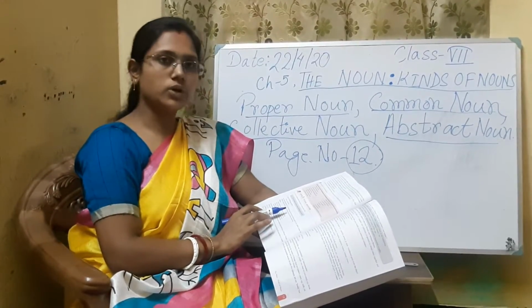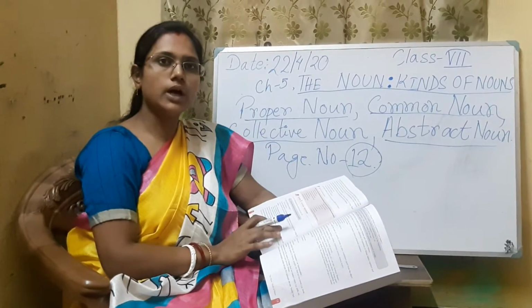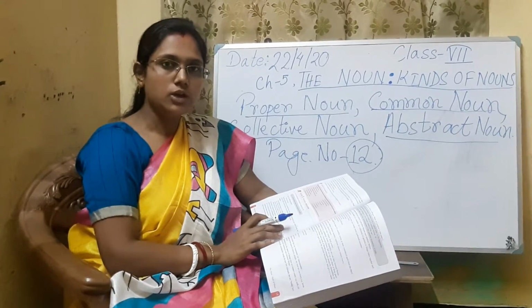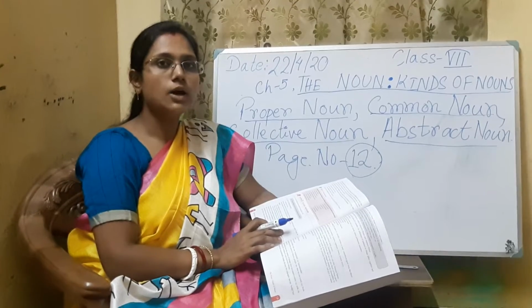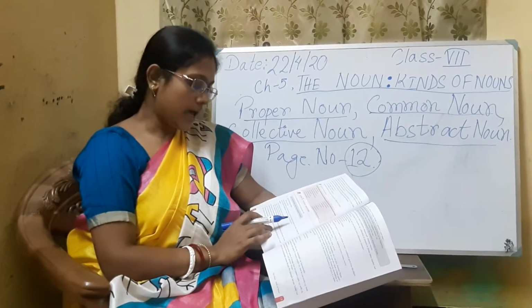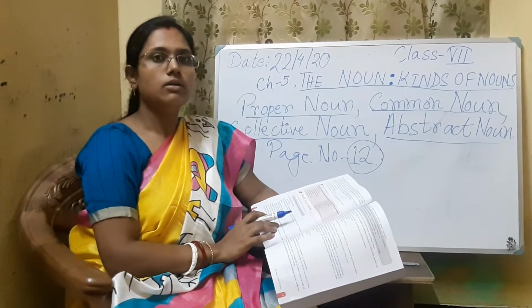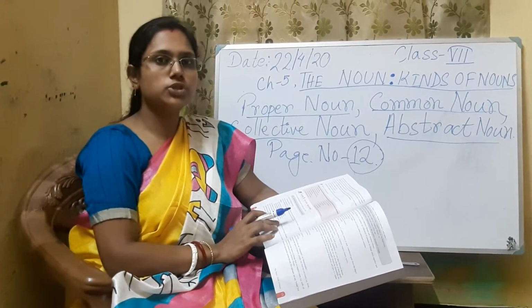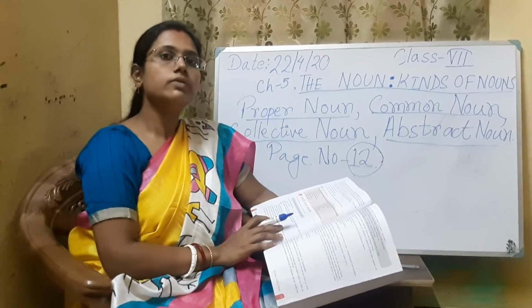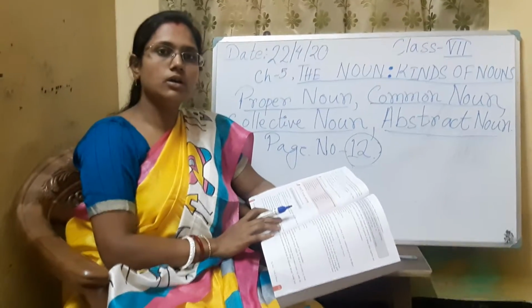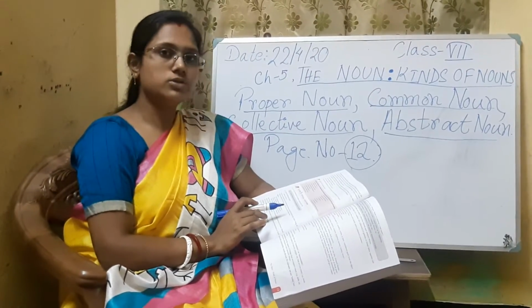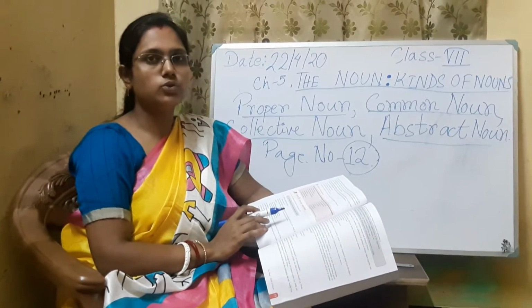So we call Ashoka here a proper noun. Ashoka is the name of a particular king. And king is applied to all the other people who are in the position of a king. So they fall in the same category, and this word king is referred to as common noun.